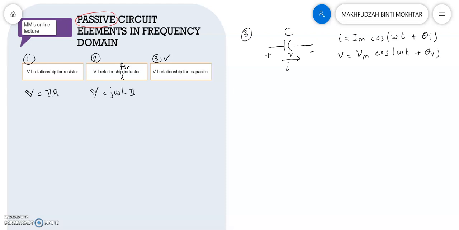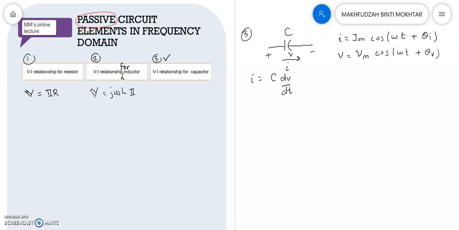Okay, so theta I defines the phase angle for the current, theta V defines the phase angle for the voltage. Now we will also use the definition of I, which equals C dV/dt.